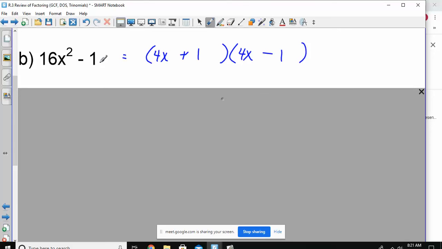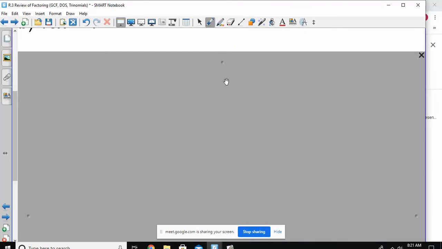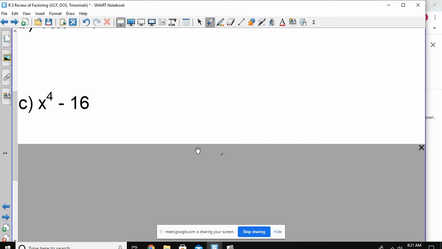Let's do a couple more. Difference of squares.